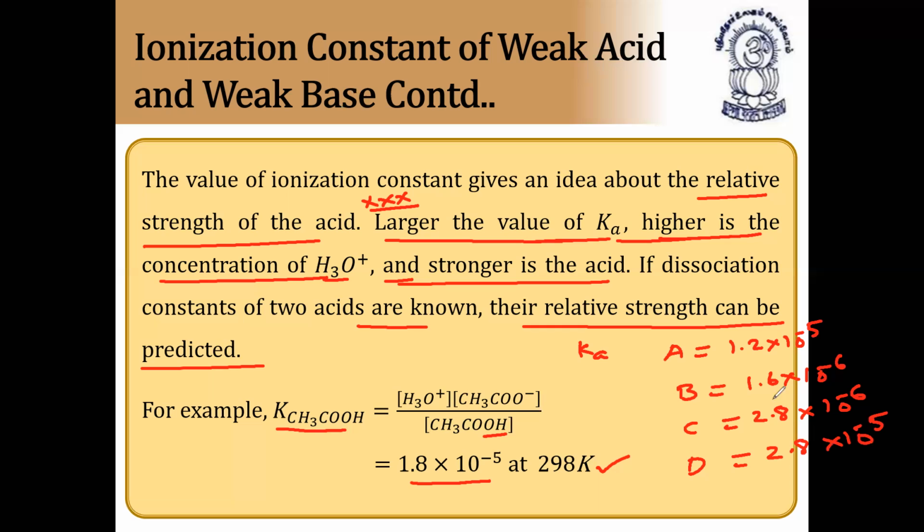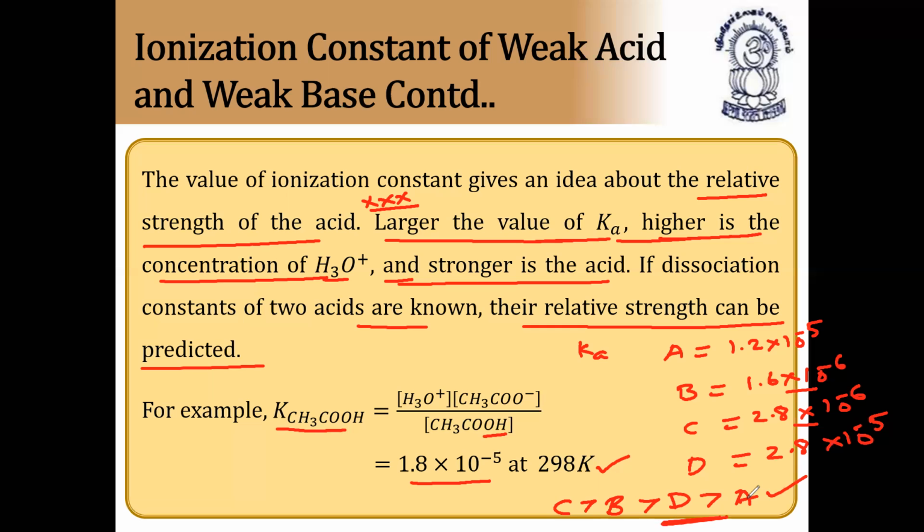If they ask us to arrange in the decreasing order of acidic strength, because they have given Ka values of A, B, C, and D, by using these values, 10 to the power of minus 6 and 10 to the power of minus 5, the minus sign you should neglect. Only the powers we have to consider. So this is highest, first you have this one, next second. C is greater than B, B is greater than D, and D is greater than A. So the answer is C, B, D, A.